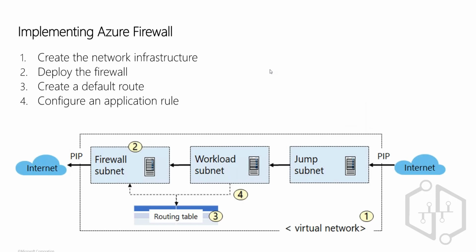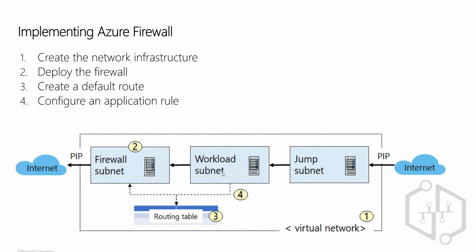If you look at your firewall implementation, this is how it happens. You'll have your workload subnet and your jump box subnet, right? The workload subnet will have your database or any other critical resource that you'd want to protect.